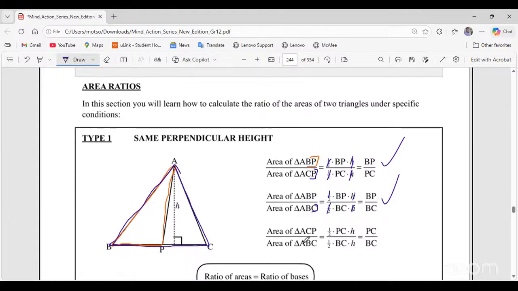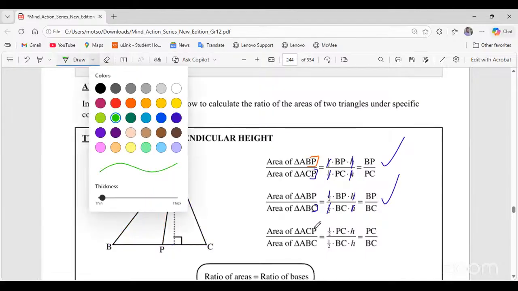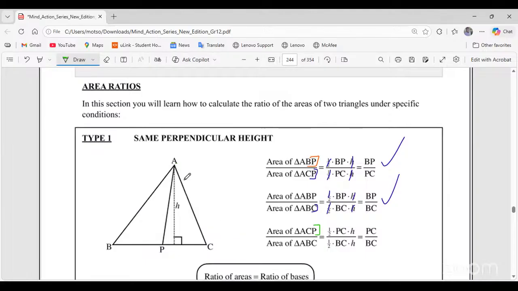Again, we go to the next one, where we are required to find the ratio of the area of the triangle ACP. Let me erase and use another color. Let me use lemon. ACP is this one right here. Now we can move to the next one, which is ABC.